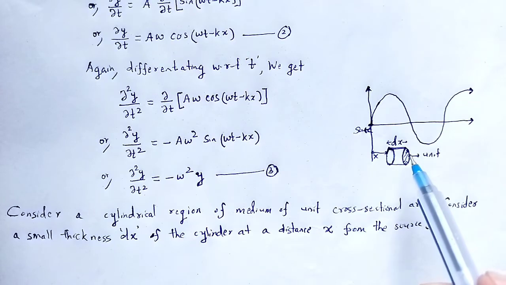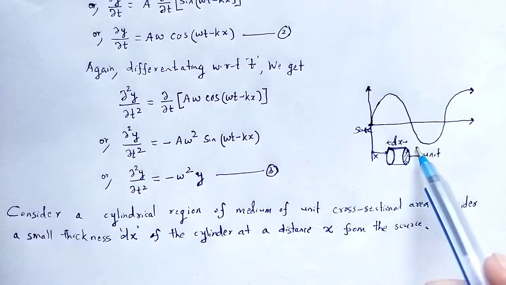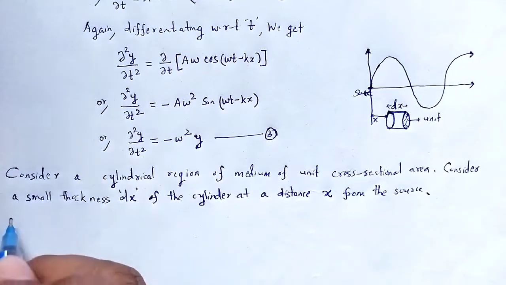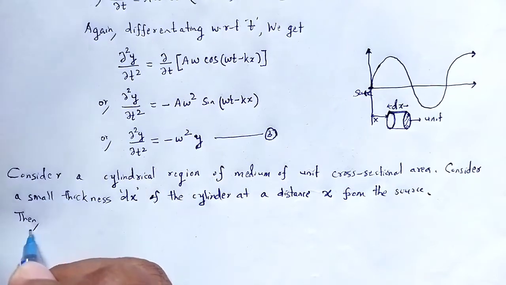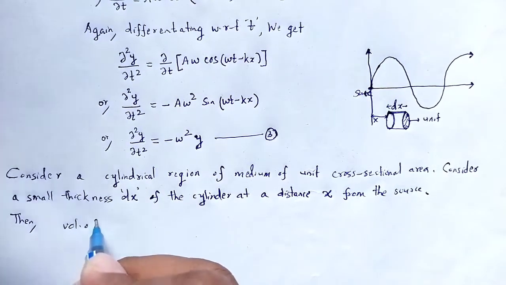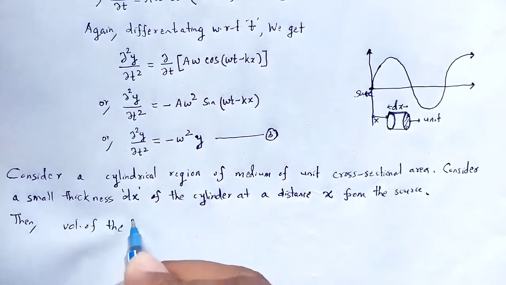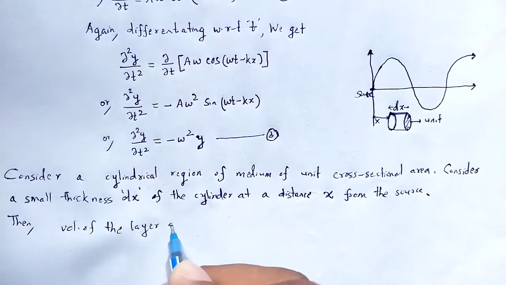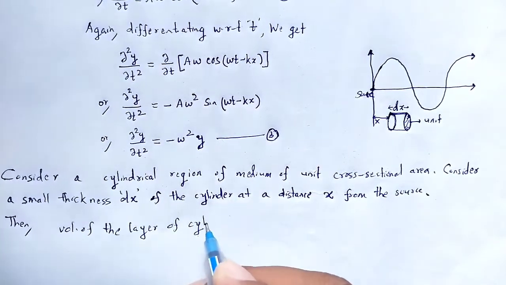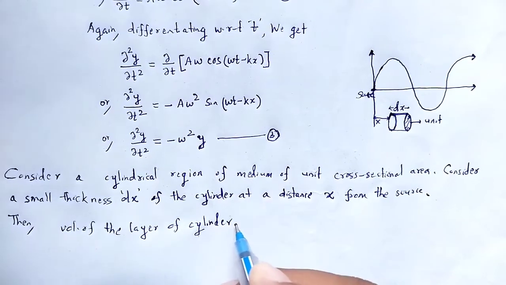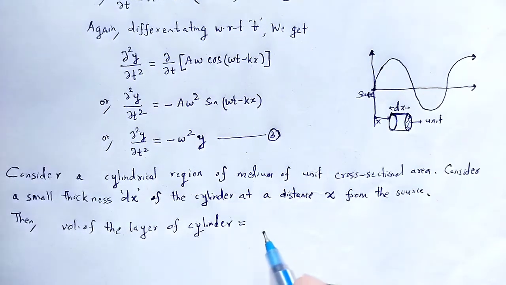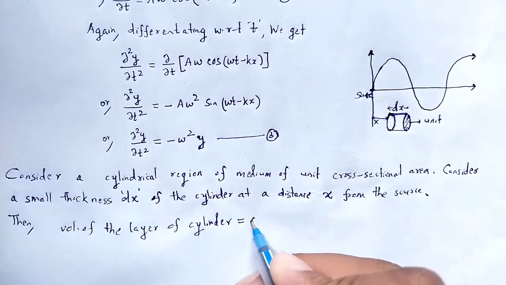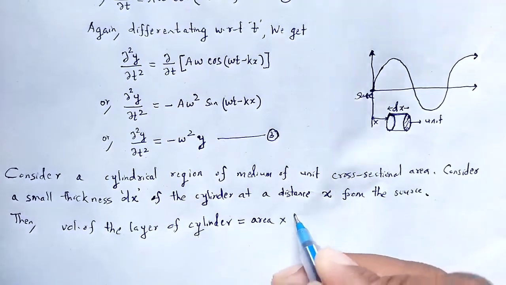Now, the volume of this layer of cylinder is area into thickness.